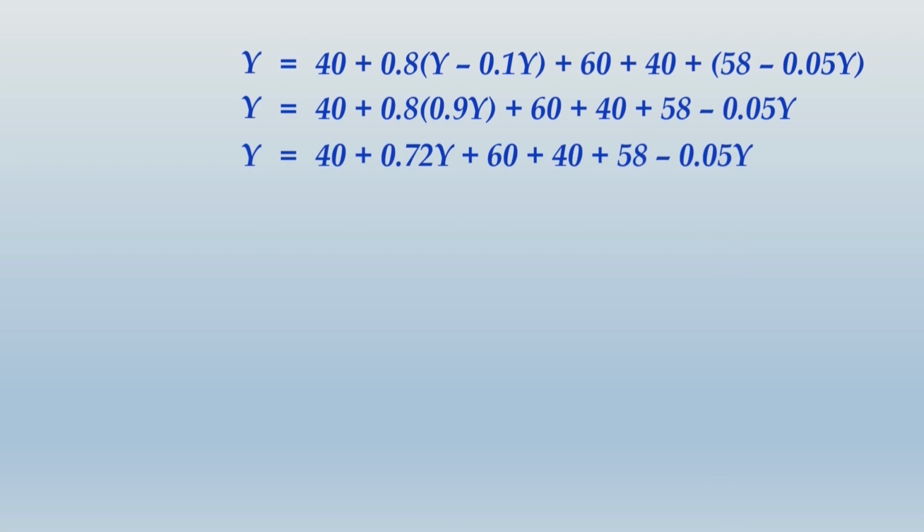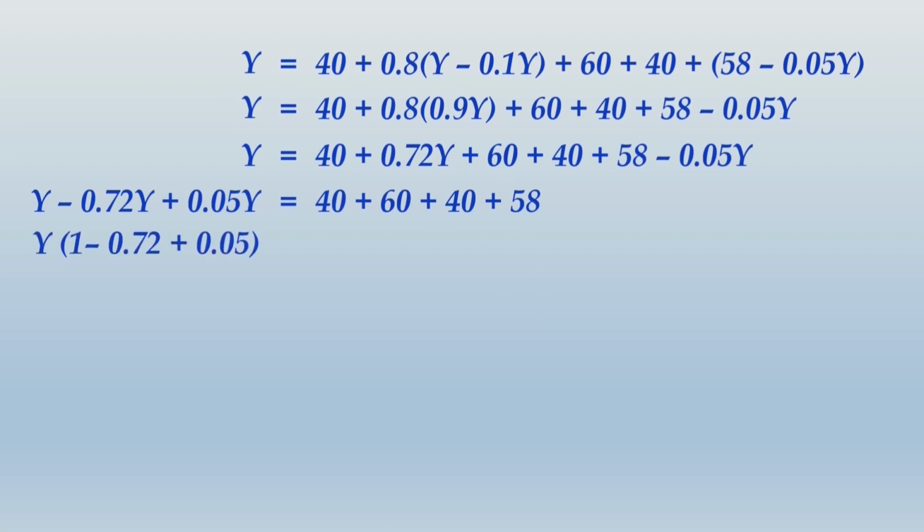Now what you do is bring all the Y terms to the left hand side. In other words, all the terms containing Y as variable, that is 0.72 Y and negative 0.05 Y, both of these terms you bring to the left hand side. Plus 0.72 Y will become minus 0.72 Y and minus 0.05 Y will become plus 0.05 Y. So this is what you will be getting in the left hand side, and in the right hand side 40 plus 60 plus 40 plus 58 remaining as it is.